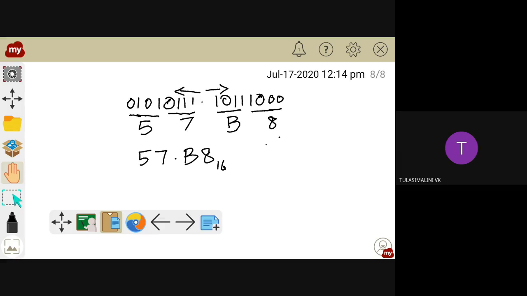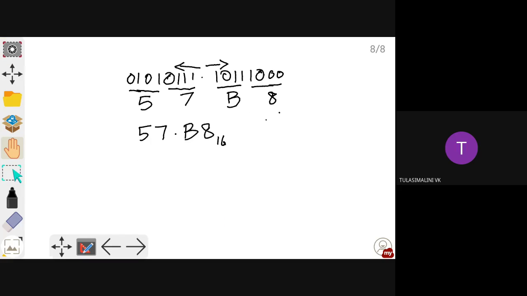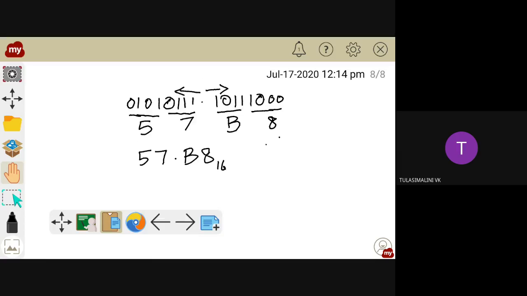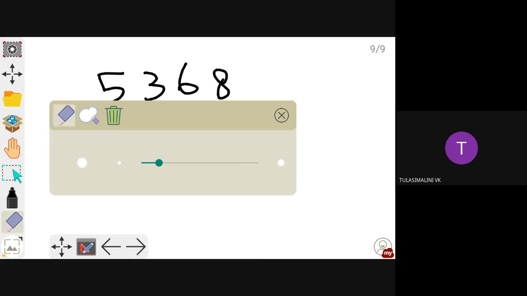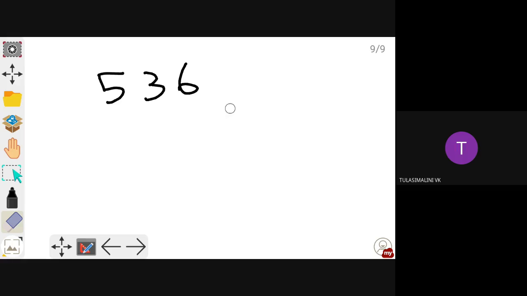Then how will you convert octal to binary and hexadecimal to binary? That is very simple. For example, you have the octal number 5363.